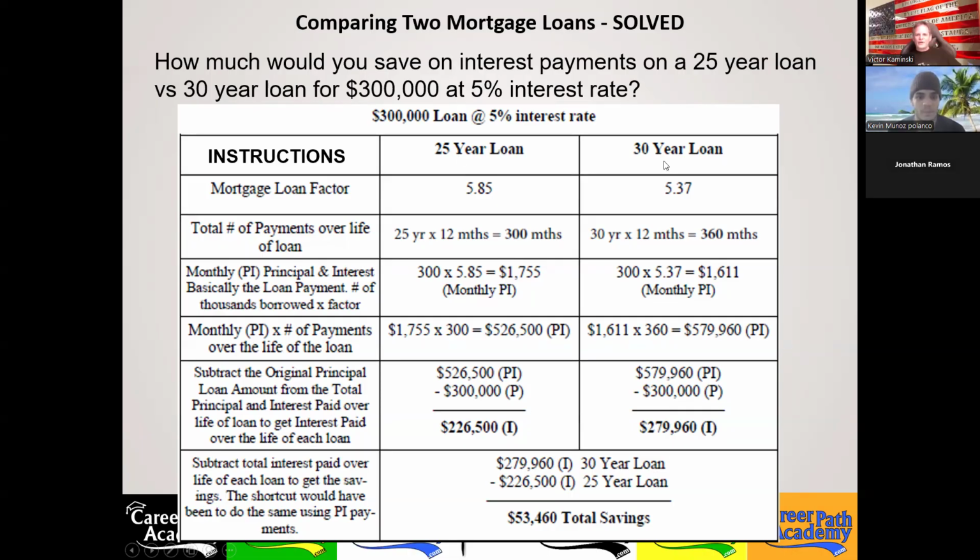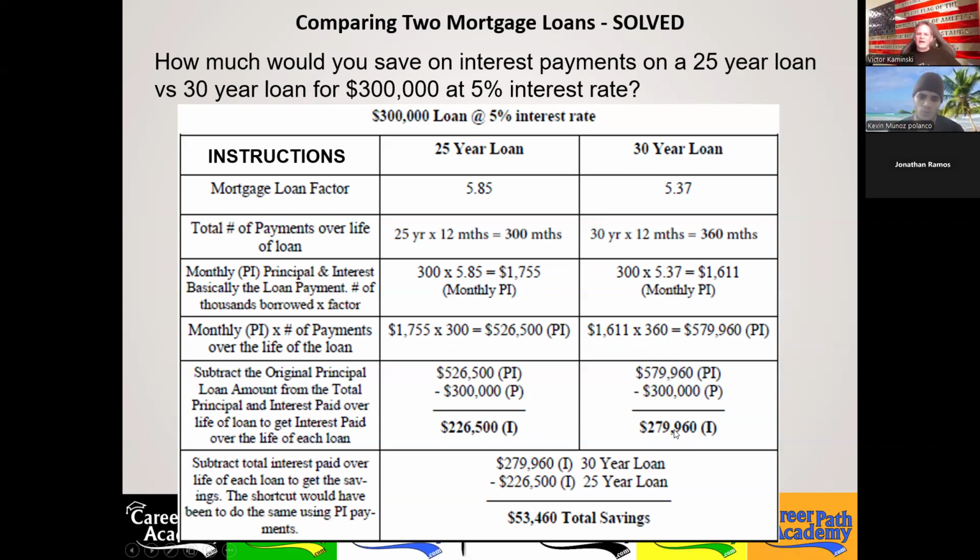If you were to keep a 30-year mortgage loan at a 5% interest rate for a $300,000 loan, and you were to just make the payments on it throughout the next 30 years, you would have paid $579,960.